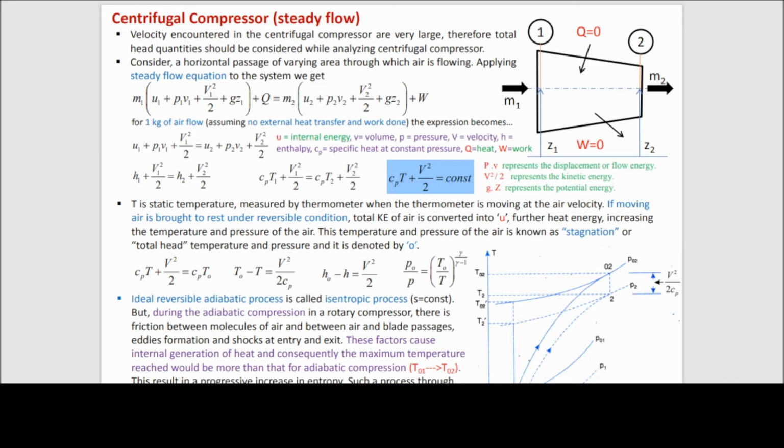Along with this mass, there will be three energies, that is PV plus 1 by 2 V square plus GZ, and this is the mass flow rate coming into the control volume, minus M out times PV, that is, whatever energy, these three energies will be there, whatever energy is going out of the control volume, that is half V square plus GZ, is equal to dE of system or control volume by dt.